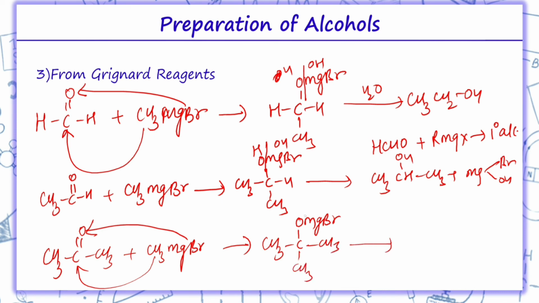Thus on hydrolysis, here H and OH, we will get CH3 COH CH3 CH3 plus MgBrOH. So this is how we can prepare alcohols from Grignard reagent by using carbonyl compound, that is aldehydes and ketones.